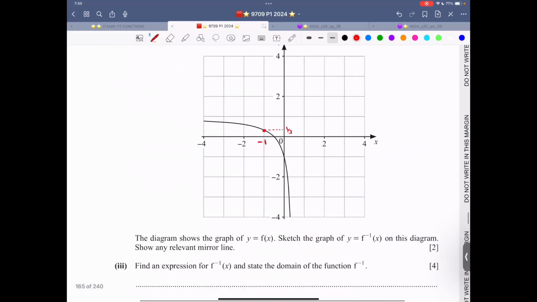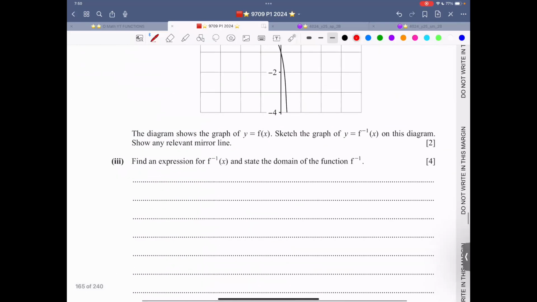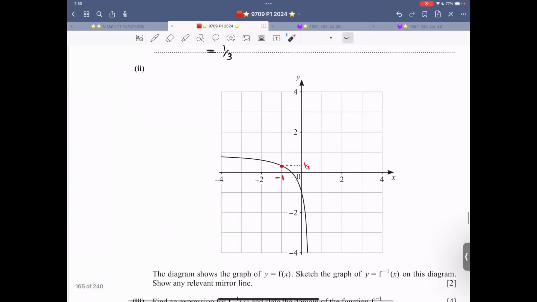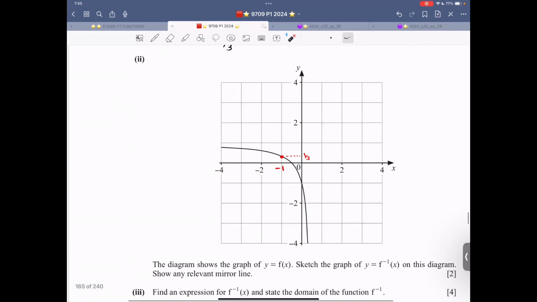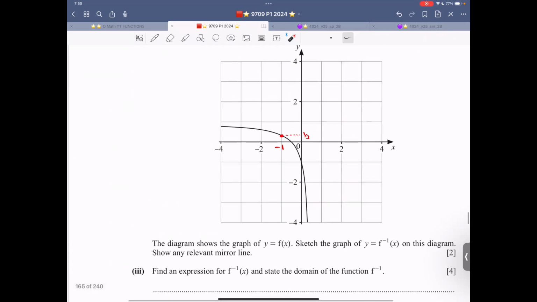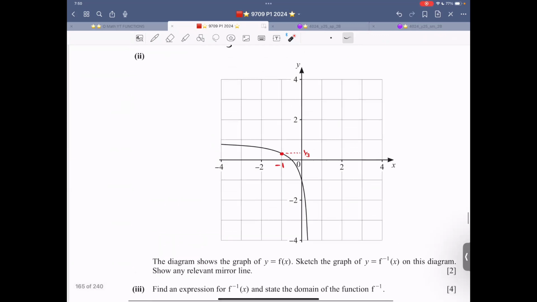Now it says, second part, the diagram shows the graph of y equals f(x). Sketch the graph of f inverse. On this diagram, show any relevant mirror line. So I think the reason why they have drawn this is so you can show that this point has been flipped. And we'll just show it in a while. First of all, let me draw the green line.